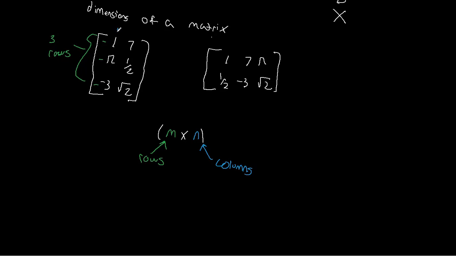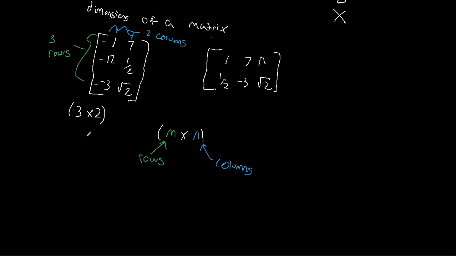We have 1, 2 columns. Right, so in this case, this matrix right here would have the dimension 3 by 2. Right, it would be 3 rows, 2 columns. It would be a 3 by 2 matrix.